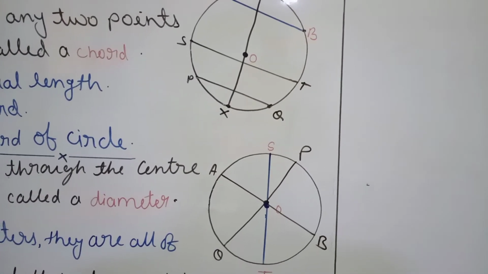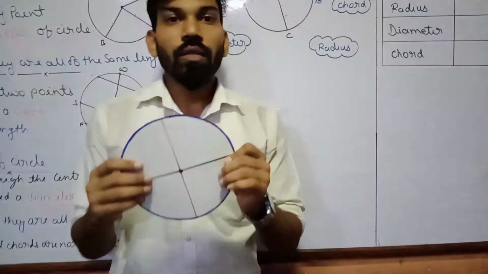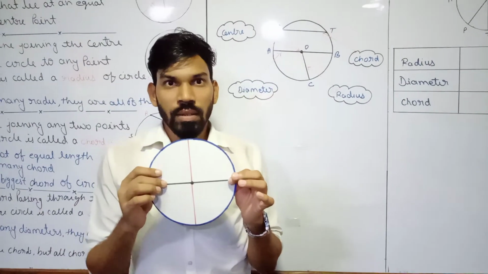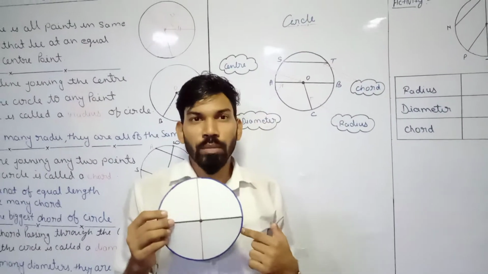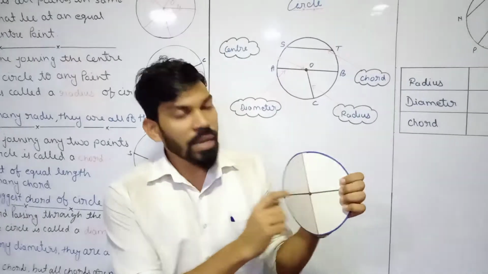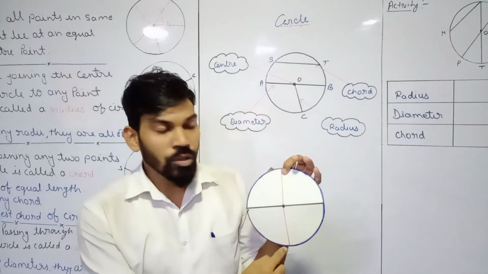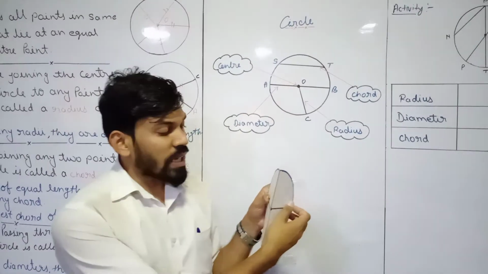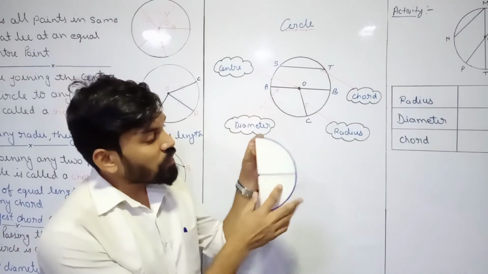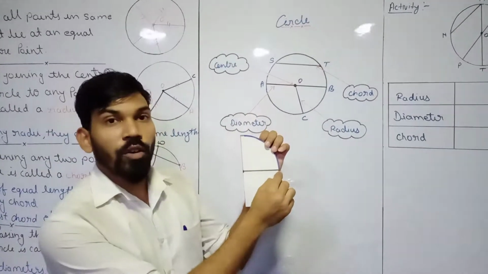So once again, let's see, here we have a cutout of this circle. How can we come to know about the radius of the circle? You can see here we have the center of the circle, and this one red line passing through the center and one black line. What is the meaning of that? If I fold this way, we get the center and one point over here.